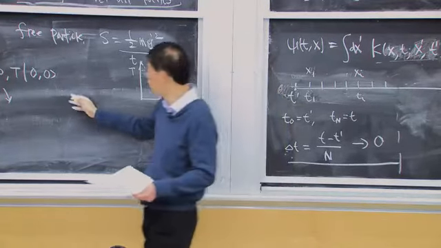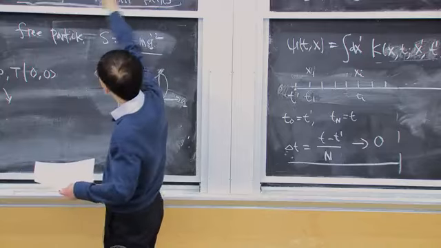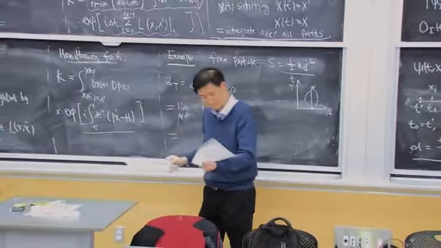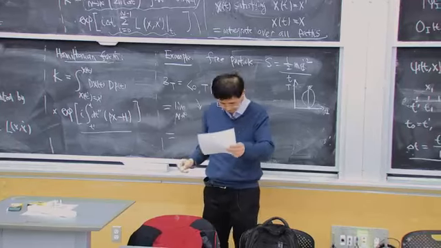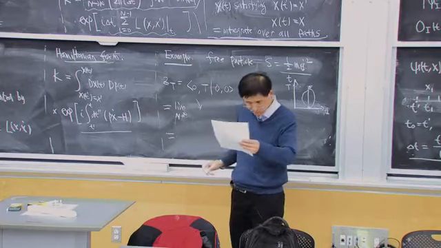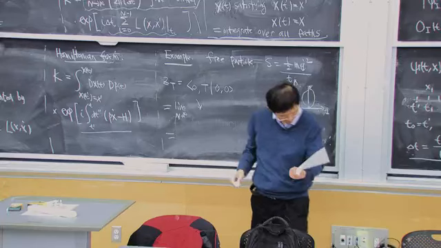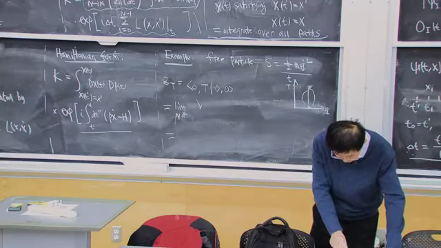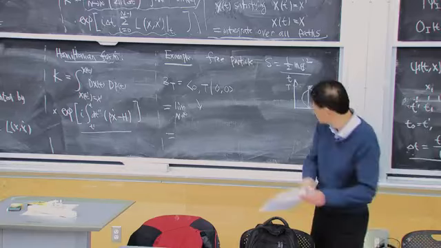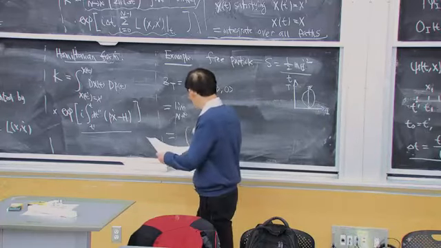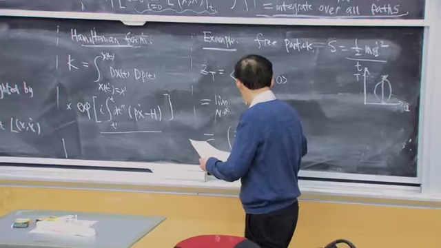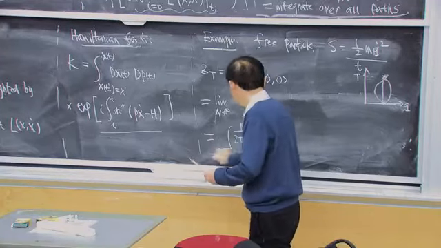So at the end of the day, when you do this many integrals, you find the final answer is a very simple one, just the square root of 2 pi i t.